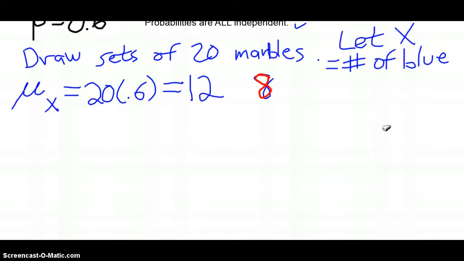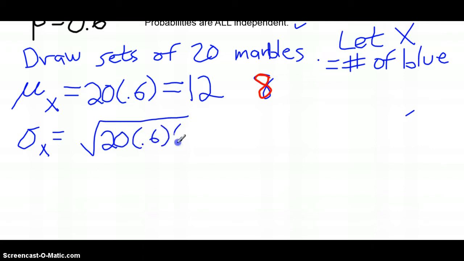Now what about the standard deviation? The standard deviation is the square root of n times p times 1 minus p, and that's going to be about 2.19.